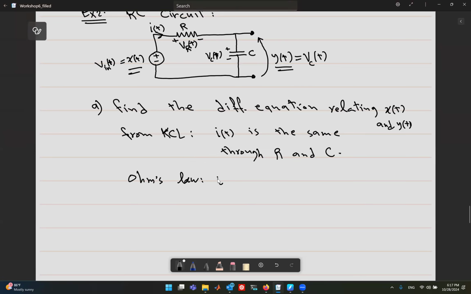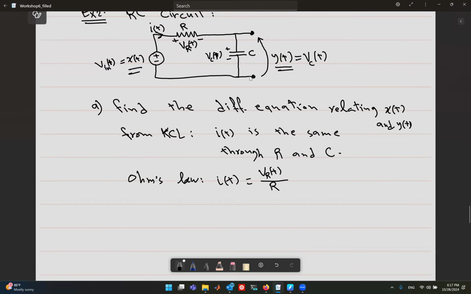Or we can write it as the current flowing through the resistor is just the voltage across it, which is VR(t), divided by the resistance value in ohms.